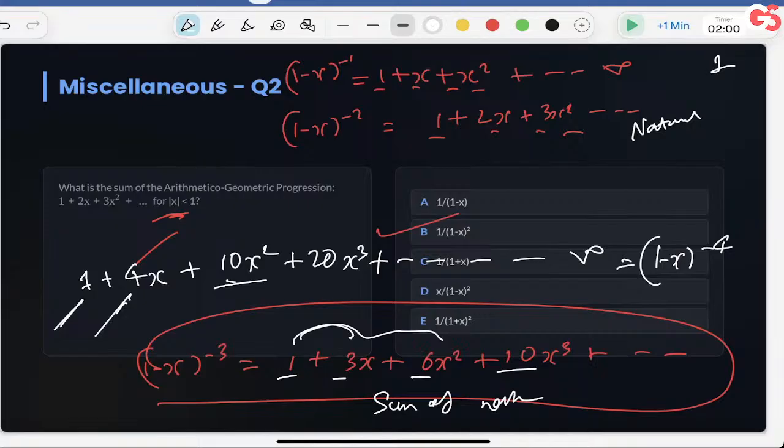Those who are not in that class, just note this down. I'll wait for 30 seconds. Note this down and then tell me.